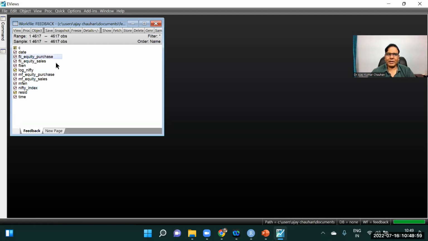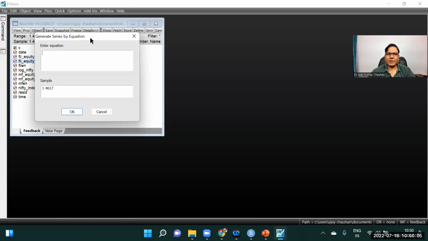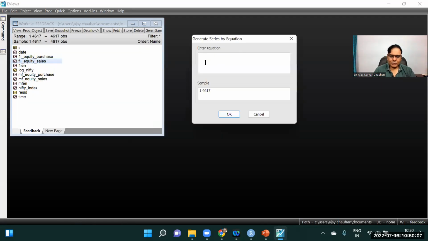Like we have equity purchase, we have equity sales. So I can make a variable. This is simple FII, I'm taking the ratio of purchase to sales.